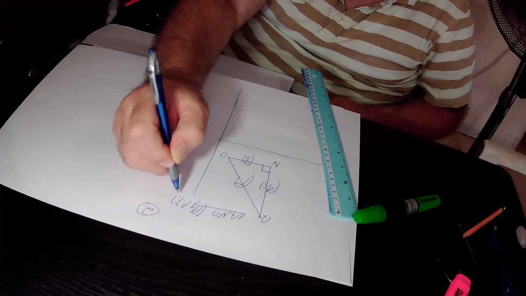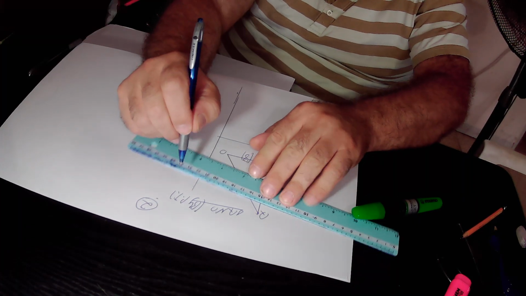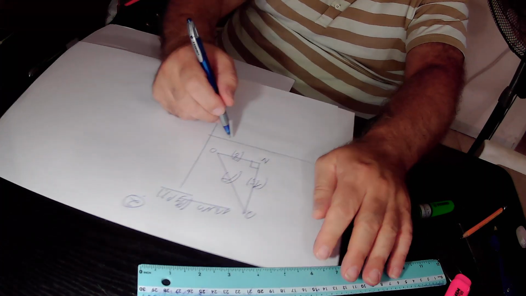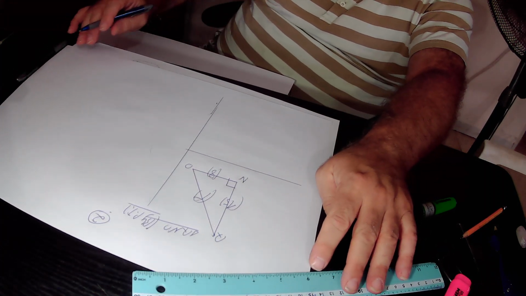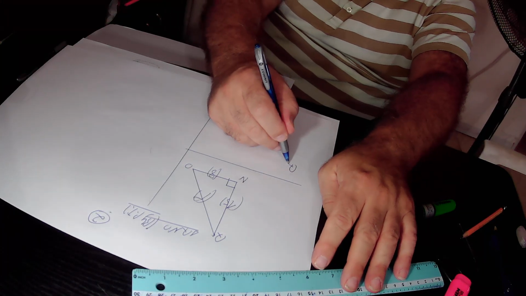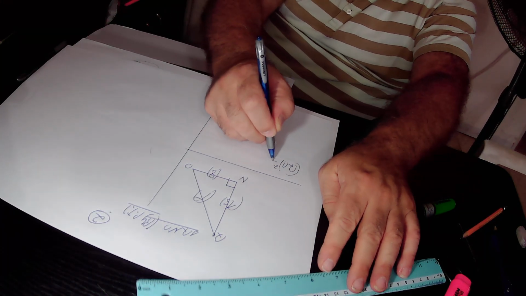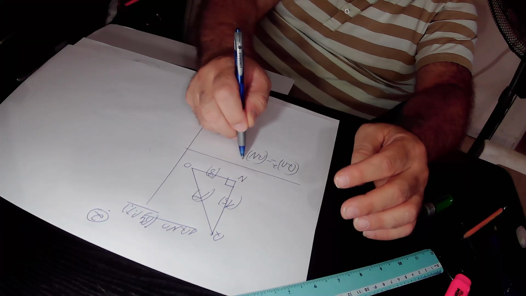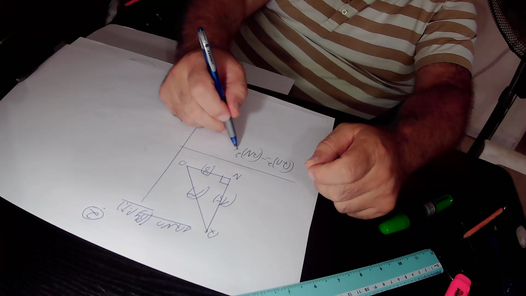According to the Pythagorean theorem, in this right triangle QNO, QO squared, that is the square of the hypotenuse, is equal to QN squared plus NO squared.